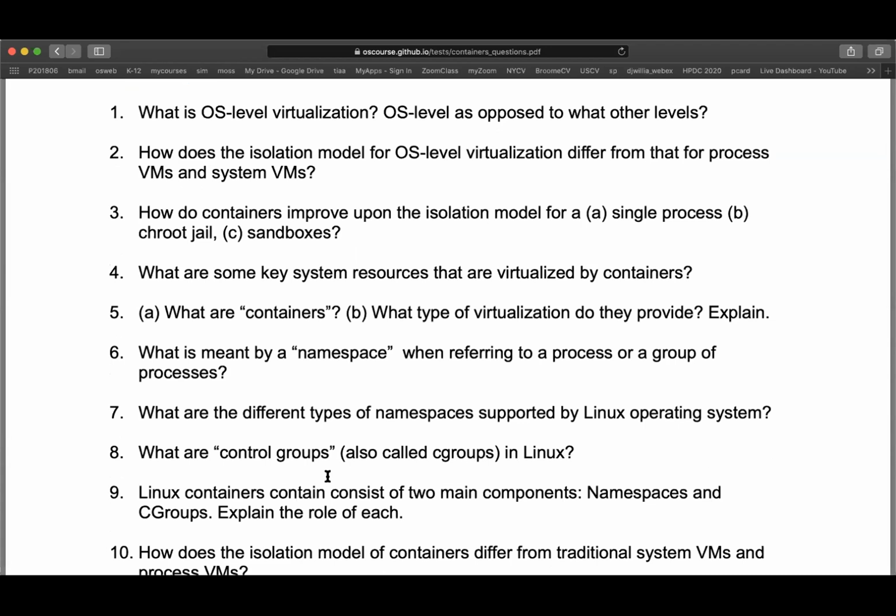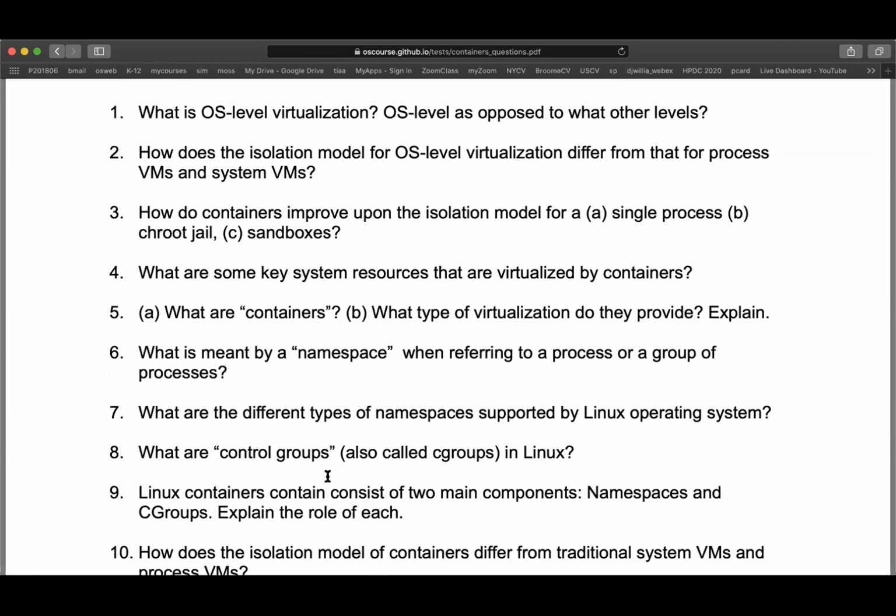The key idea is that containers share an operating system underneath, and they're only isolated in the sense that one container cannot name the resources belonging to another container. So that's where the idea of namespaces comes in.